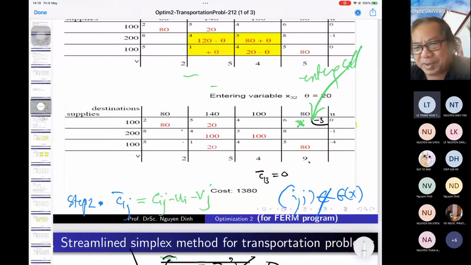So who can tell me the cycle now? Hà Uyên, can you tell me what is the cycle now?